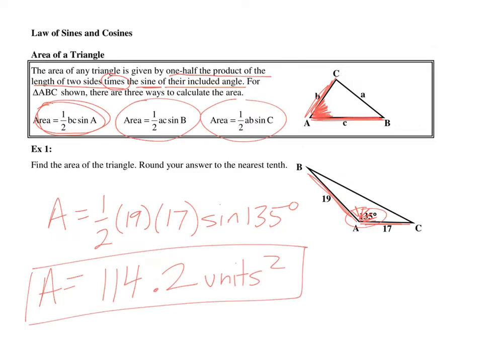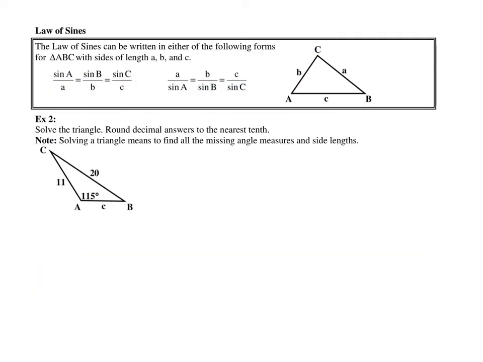Alrighty, on to the next part. Here we have the law of sines. Now, when you initially look at the formula, it seems complicated. Let's break it down. It's actually very simple. Here I have the sine of angle A over length A is equal to sine of angle B over length B. That's your equation right there. You only use part of what we have here.